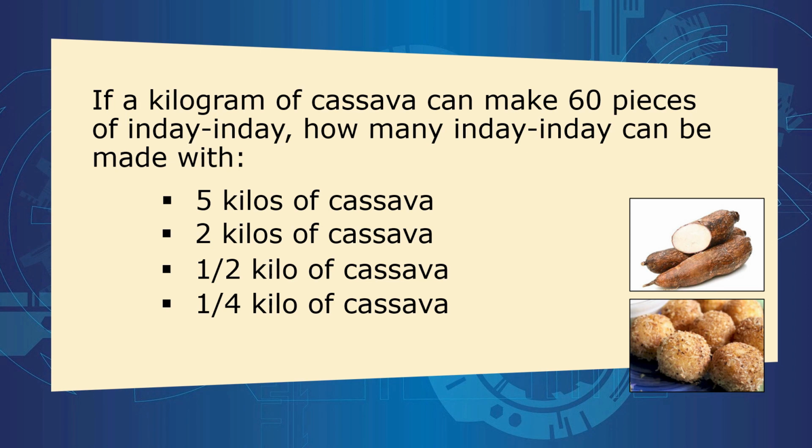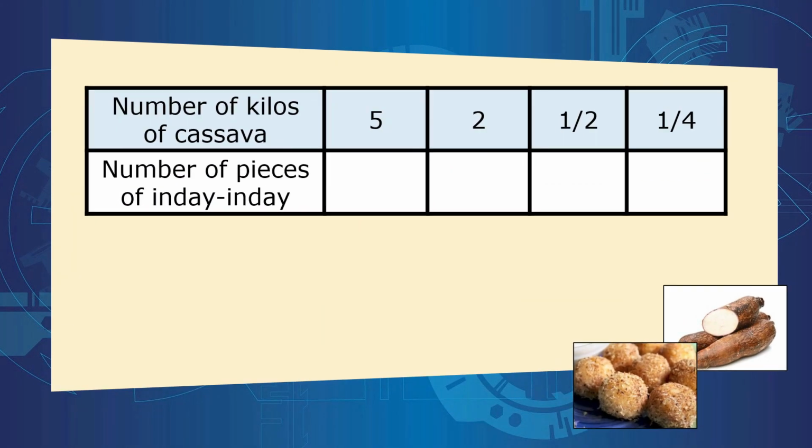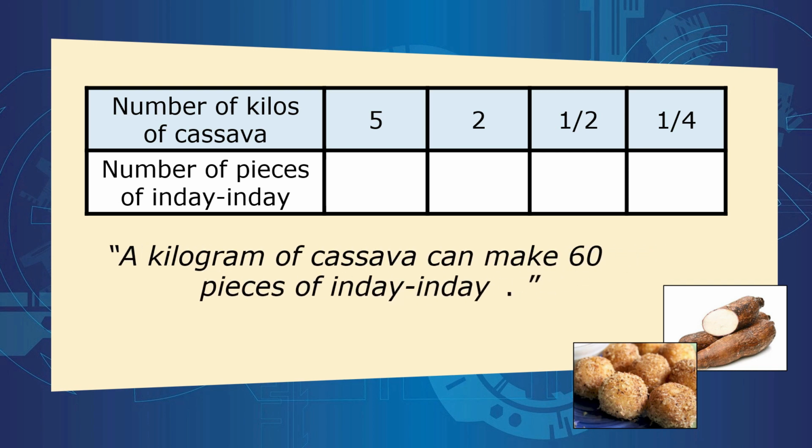And now, let us draw a table of values to picture out the situation and help us find the answers. Observe this table of values, presenting the independent variable, which is the number of kilos of cassava, such as 5 kilos, 2 kilos, 1/2 kilo, and 1/4 kilo, and the dependent variable, which is the number of pieces of inday-inday.